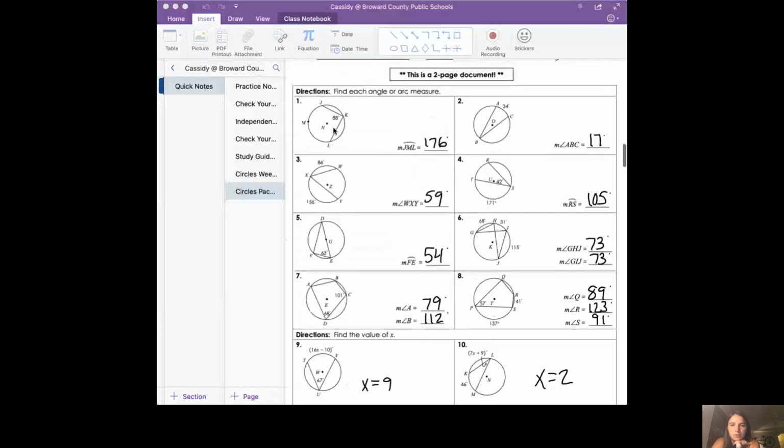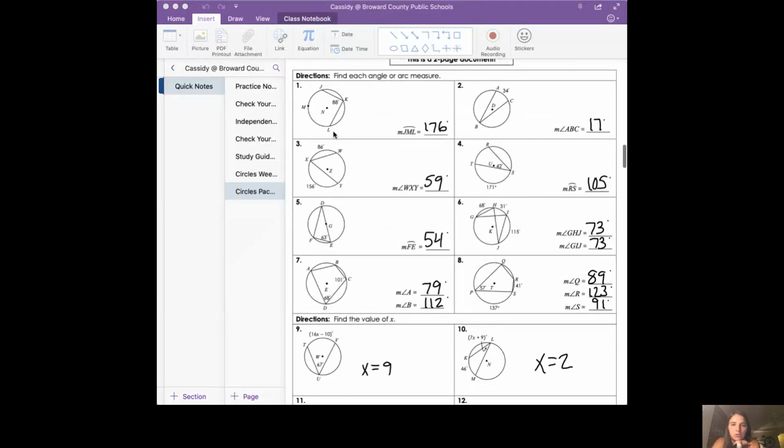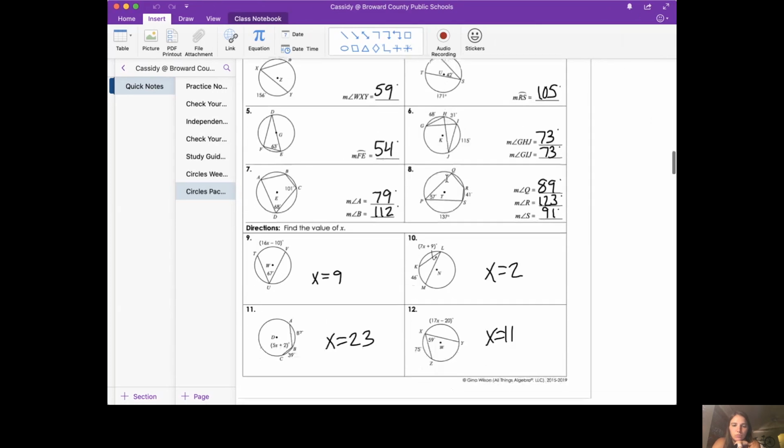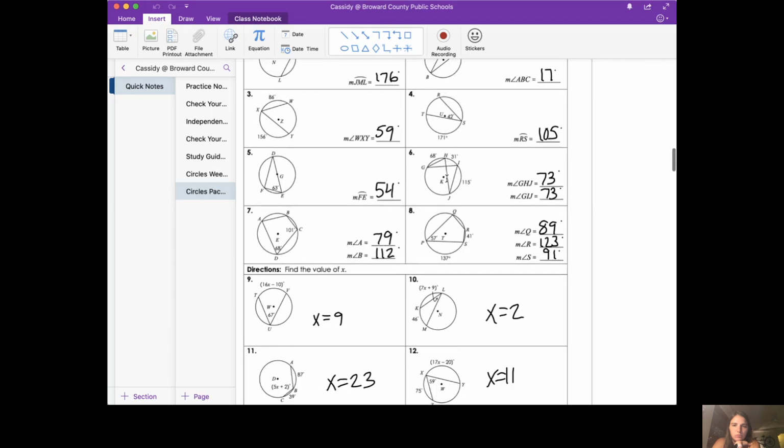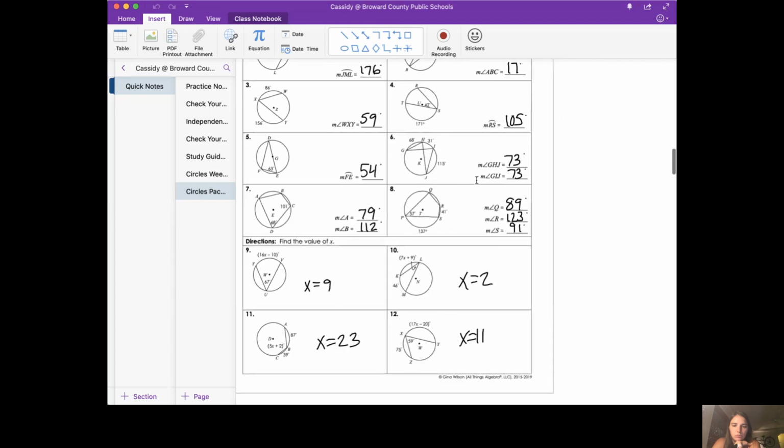And you can pause the screen so that you can actually see what those answers are. Let's see. Try and get it so you can see all of it. There we go.